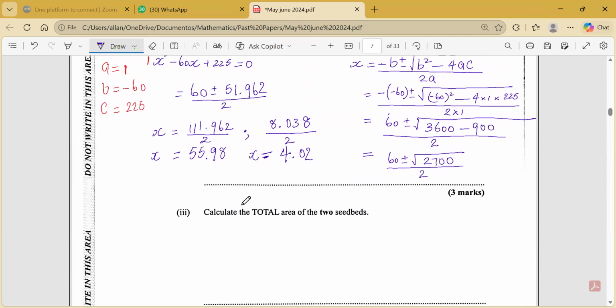All right, so calculate the total area of the 2 seed beds. So remember, one of the areas was 3x squared, but they said the areas were the same. And the other one, so the area of the rectangle is 3x squared, and the area of the square bed, they said they are the same, 3x squared.